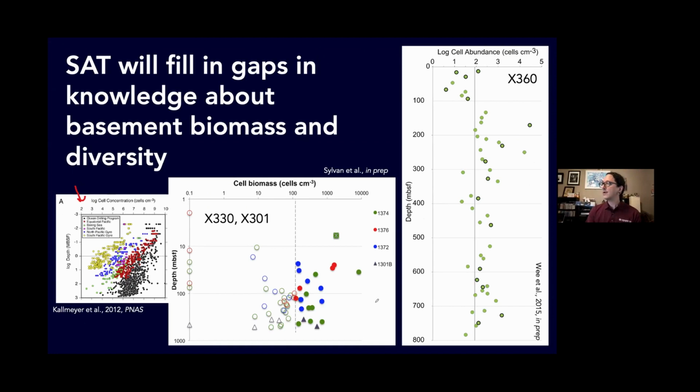And we're working on the same type of analysis, based on the little data that we have, to get a global estimate of how many cells are in basement versus sediment. However, you can see looking at that sediment figure, there are a lot of data points there. The basement has way fewer data points. And so having 5 or 6 sites that we know we're drilling into basement and getting samples from will greatly increase our understanding of what's happening in basement, and in particular along an age transect, which is really exciting to me.